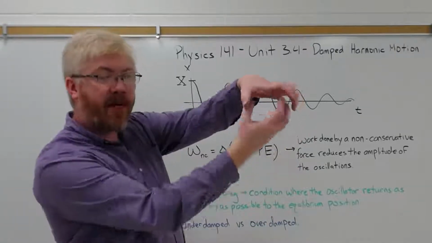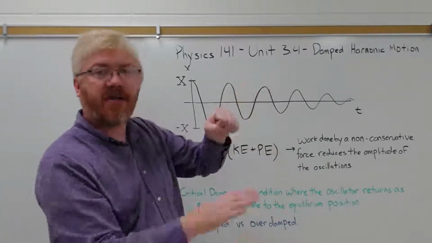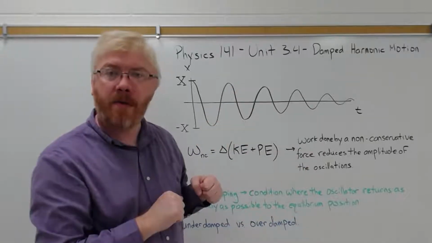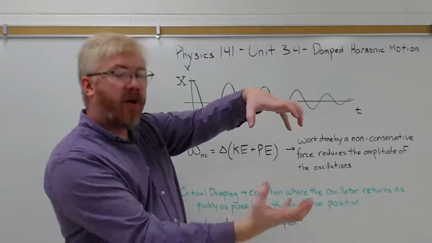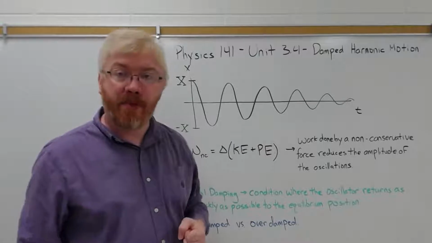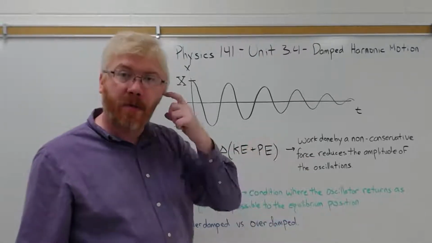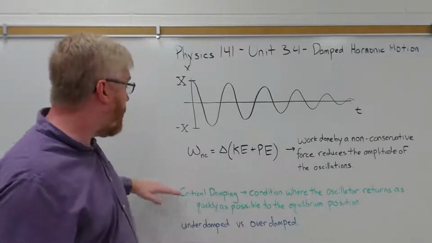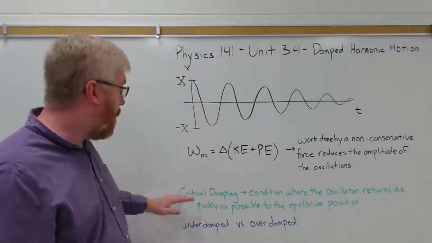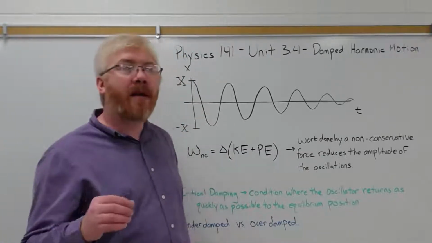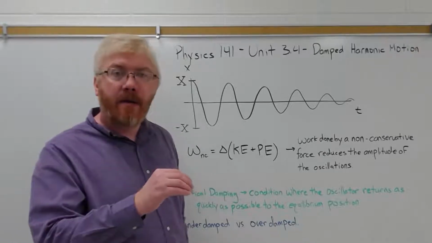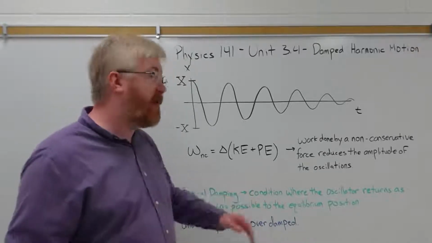When the spring is compressed as it goes over a rock, or it's stretched out as it goes in a pothole, the car's wheel quickly goes back to the equilibrium position and doesn't oscillate about the equilibrium position. So that's called critical damping. Critical damping occurs when, after a deviation, it quickly goes back to the equilibrium position.